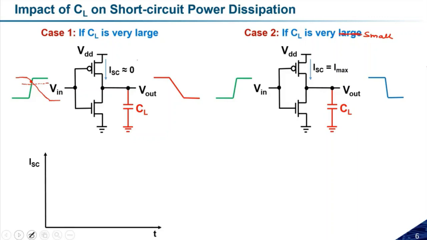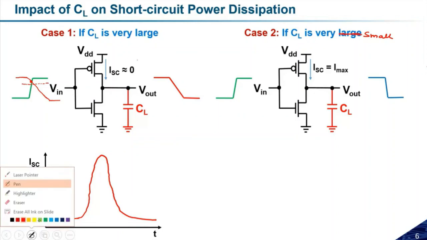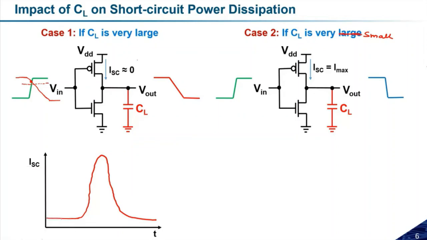Okay, let us try to relate three different cases. Suppose I have three cases, and I am getting a spike of short circuit current, something like this. Let me try to draw three different curves so that you will be able to understand.